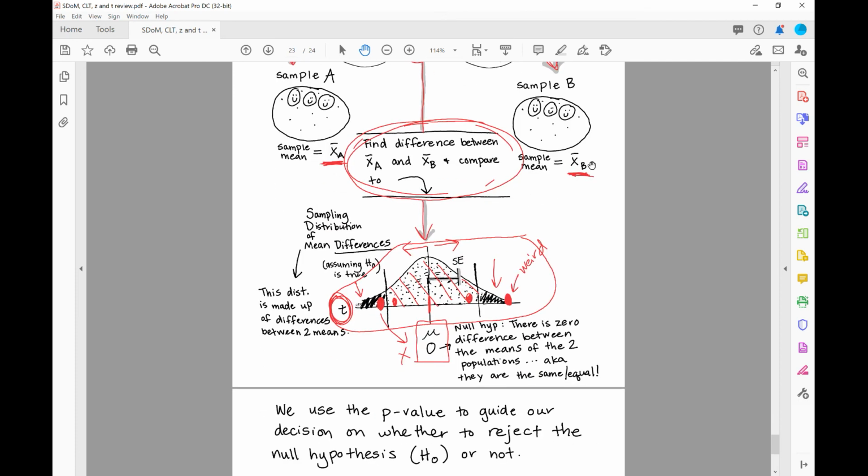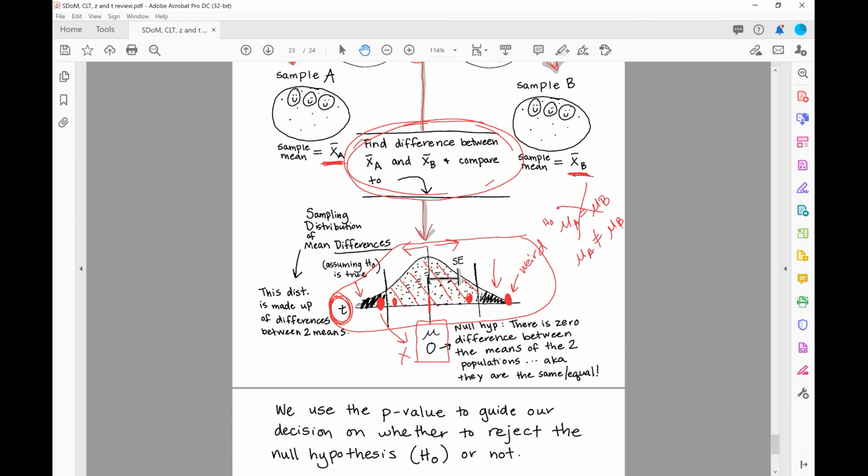So I would reject the null that they are equal, those population means. I would reject that and say, I conclude they're not equal. They are different.